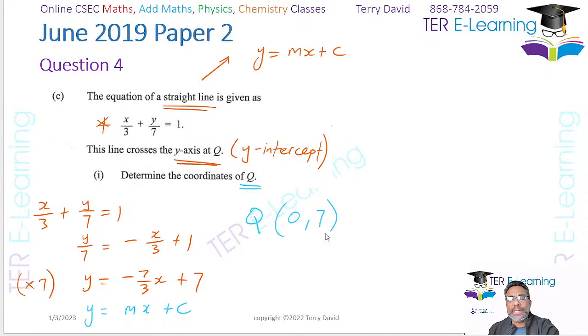Those are the coordinates of your y-intercept. Right, so that's part 1.